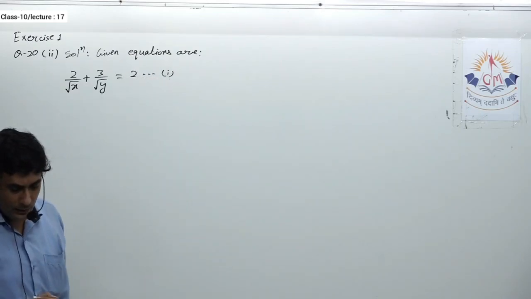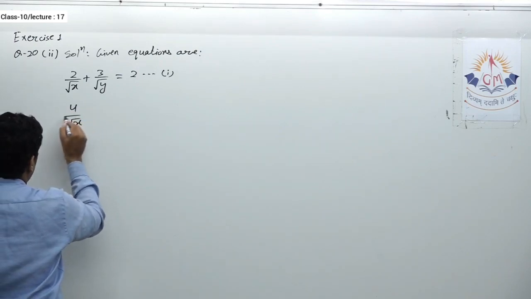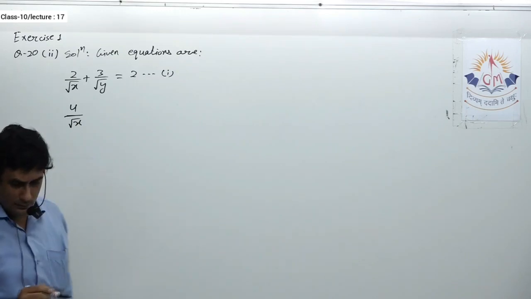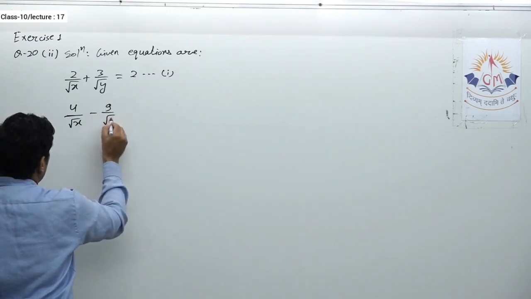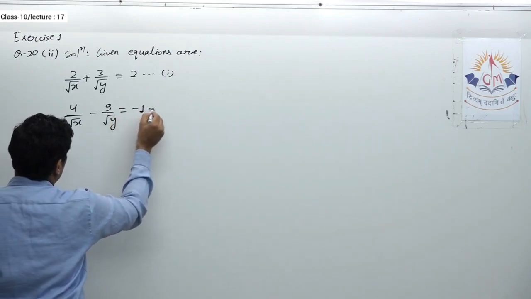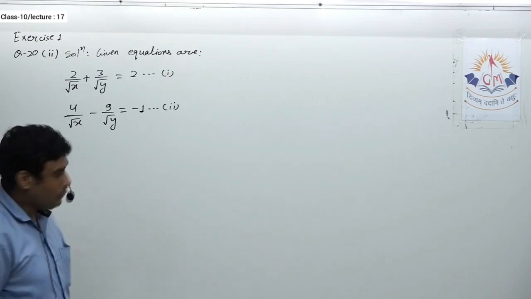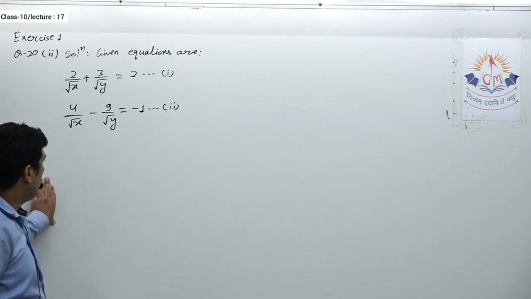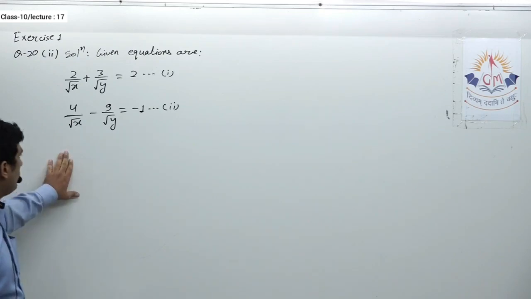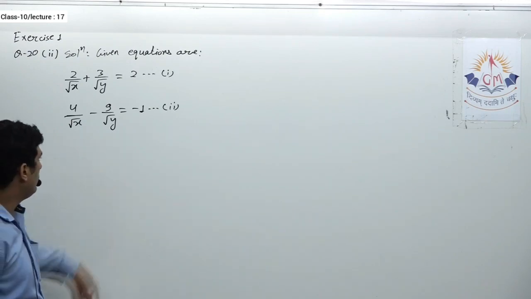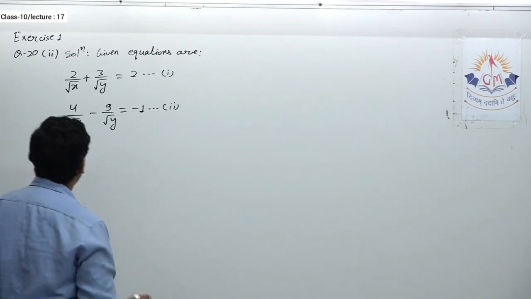Another equation is 4 upon root x minus 9 upon root y is equal to minus 1. This is our second equation. So, 2 upon root x plus 3 upon root y is equal to 2, and 4 upon root x minus 9 upon root y is equal to minus 1. Okay, so let us see how to solve.